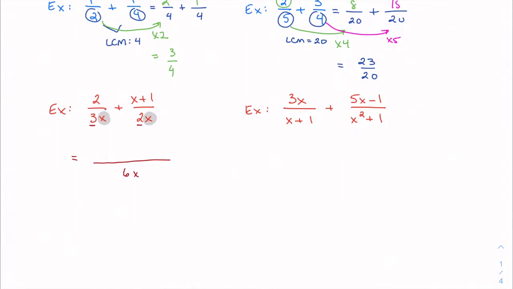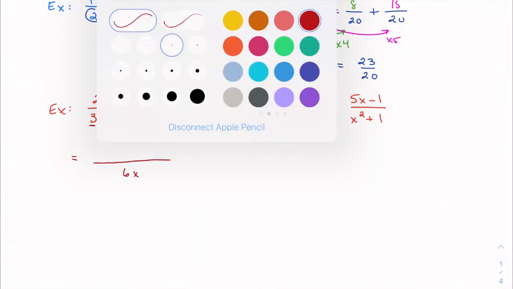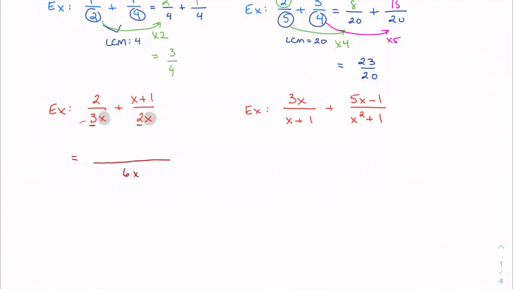So I'm going to think to myself, just like I did with the fractions, what did I do to 3x to get to 6x? Well, I just multiplied by 2, right? So I'll do this in a different color. To get from 3x to 6x, I just multiplied by 2. So I'm going to do the same to my numerator. Just going to multiply by 2. Actually, I'm going to write it this way, just to show you what's really going on here.